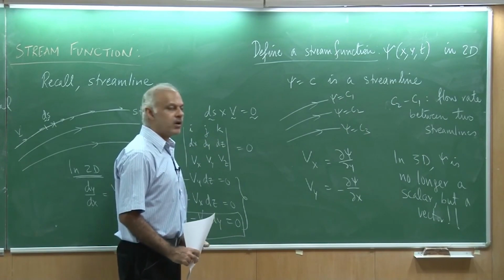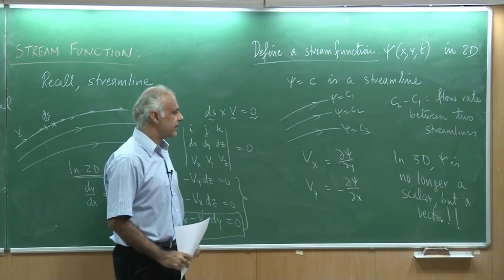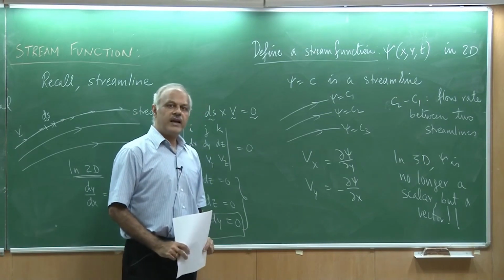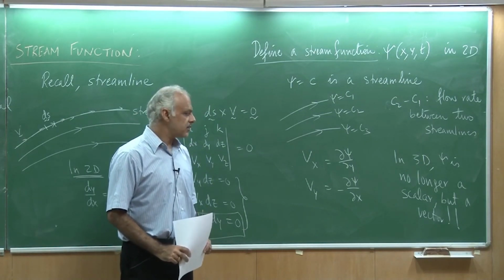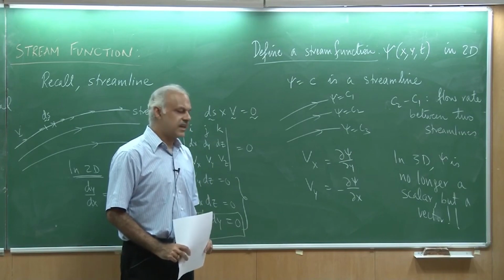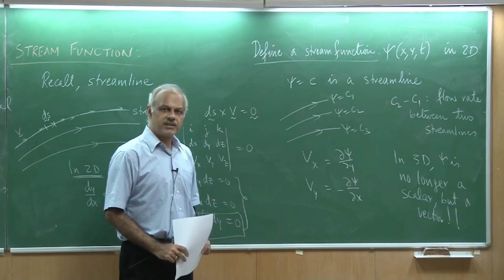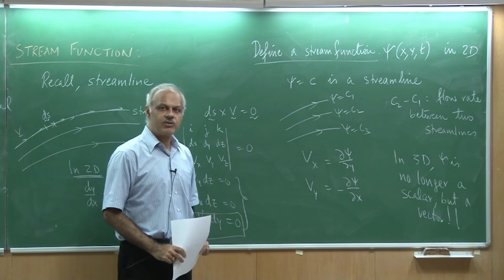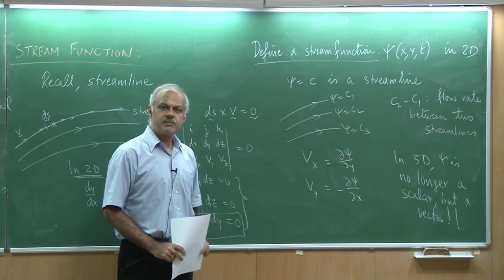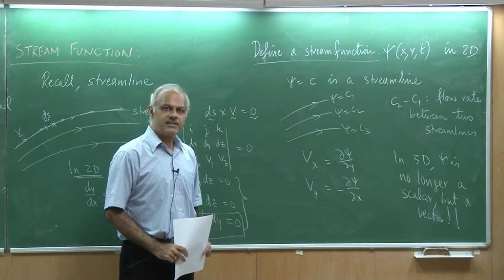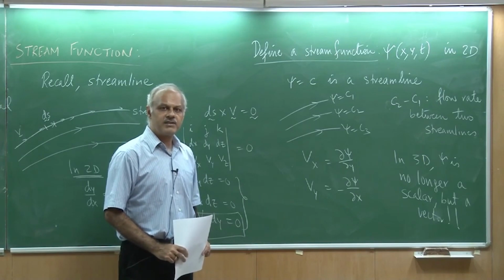Okay, so let me review what I have shown you. If you had an inviscid flow, then it is possible to further check if the flow is irrotational, and if it is inviscid and irrotational, you can define what is called the velocity potential. And velocity potential simply is a scalar, the gradient of which will give us the velocity field. Okay?